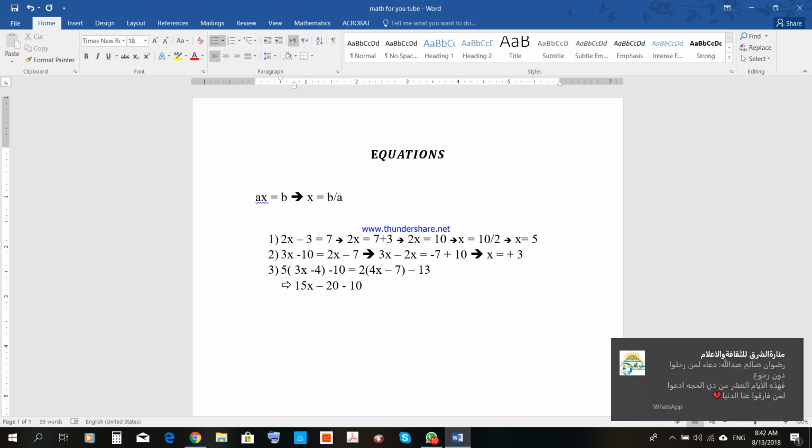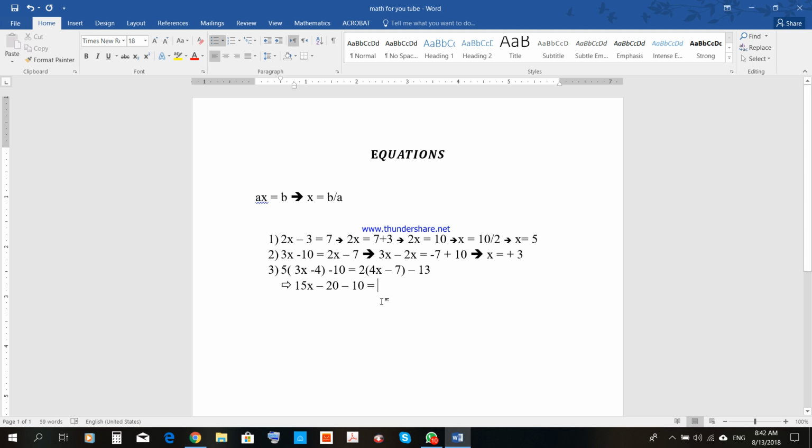It becomes minus 10, equal, then 2 times 4x and 2 times minus 7. It becomes 8x minus 14, because 2 times 4 is 8x, and 2 times minus 7 is minus 14. The last one is minus 13. We put it.